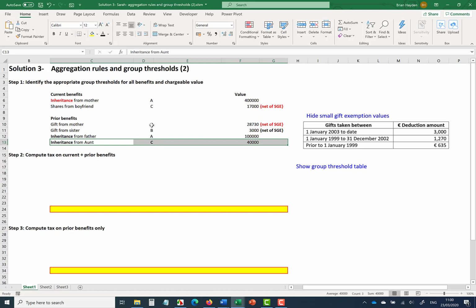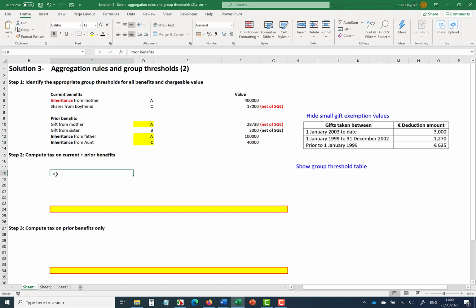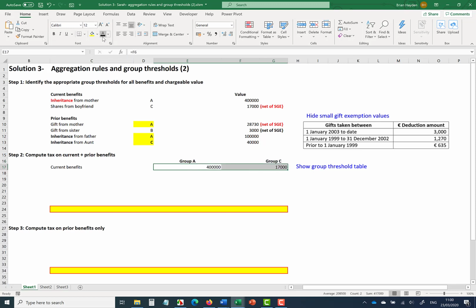So that's a Group C benefit. So we want to take the A benefits, current and prior, and the C benefits, current and prior. So the calculation then of current benefits, we've got a 400,000 A benefit and a 17,000 C benefit. So we slot those in at the start.